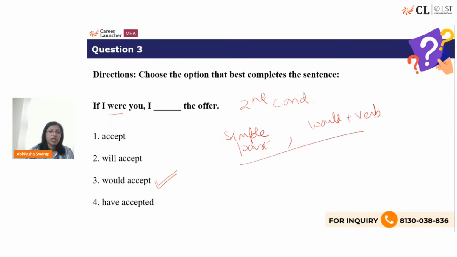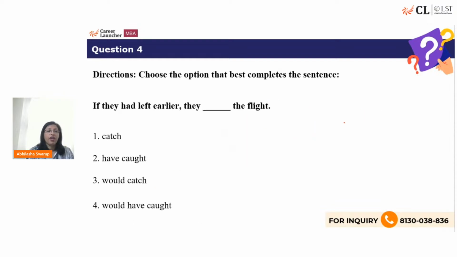All right, if they had left earlier, they would have caught the flight. If you see the past perfect here, you know this is the third conditional. This is the unreal one. It is hypothetical because the condition already happened. So if they had left earlier, they would have caught the flight, but they did not leave and therefore they did not catch the flight.